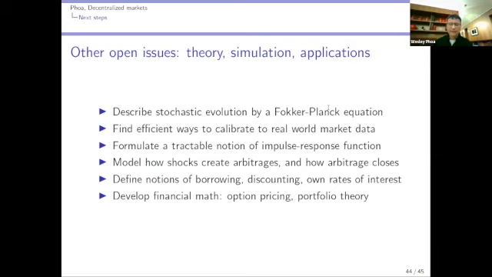And finally, what does it mean to price options in this context? What does it mean to manage a portfolio of different assets when you don't necessarily have some central medium of exchange? And I think especially for portfolios, you probably need extra categorical structure, but I don't know what that looks like.